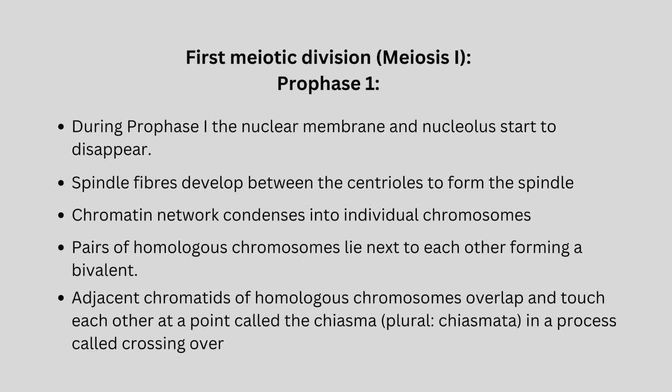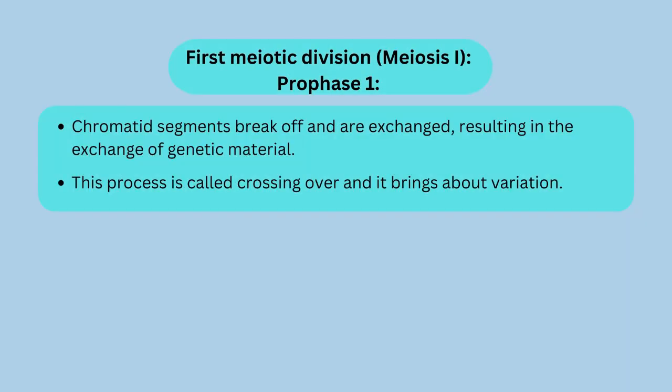Pairs of homologous chromosomes lie next to each other forming a bivalent. Adjacent chromatids of homologous chromosomes overlap and touch each other at a point called the chiasma, plural, chiasmata, in a process called crossing over. Chromatid segments break off and are exchanged, resulting in the exchange of genetic material. This process is called crossing over and it brings about variation.